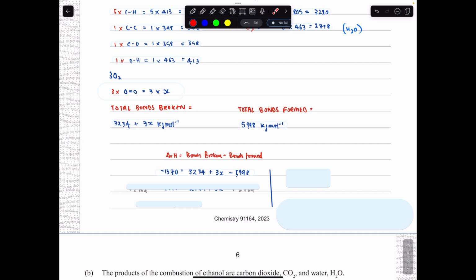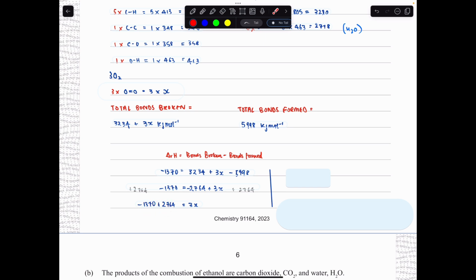With a bit of rearranging, I have condensed the like terms. So I've added 3234 with minus 5998 to get negative 2764. To isolate 3x on this side, I plus 2764 to cancel it out, and what I do to this side, I have to do to the other. Then I condense the like terms on this side.